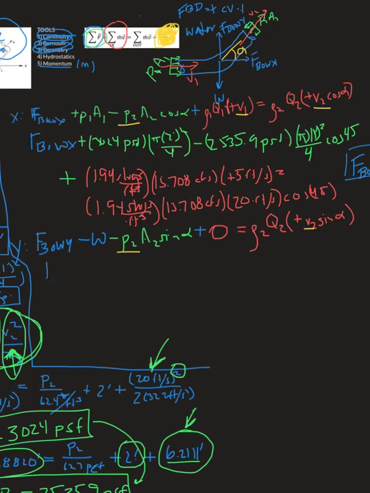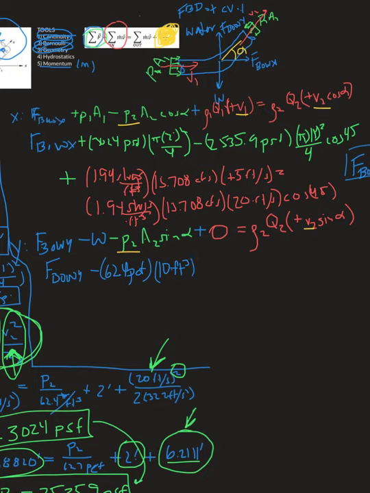Okay, so F bow Y minus the weight, which in this case is the gamma of water, 62.4 PCF. So we need a volume in cubic feet, 10 feet cubed. That's given. Let's get some green going.